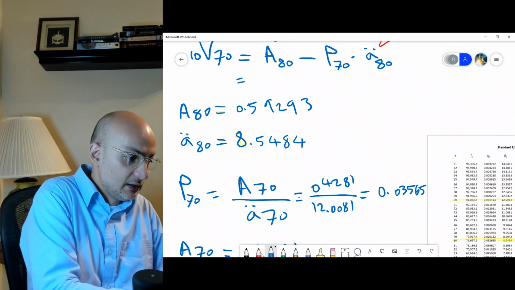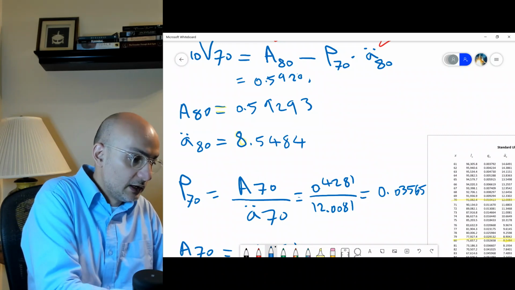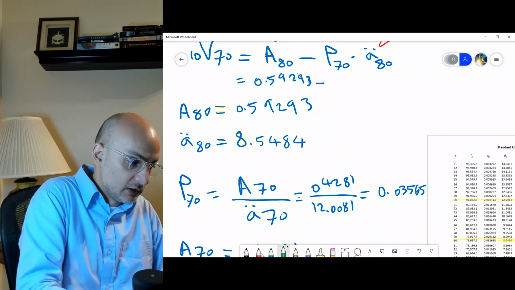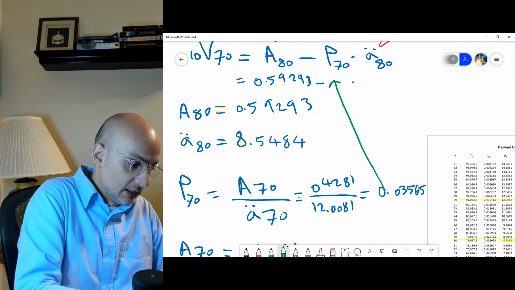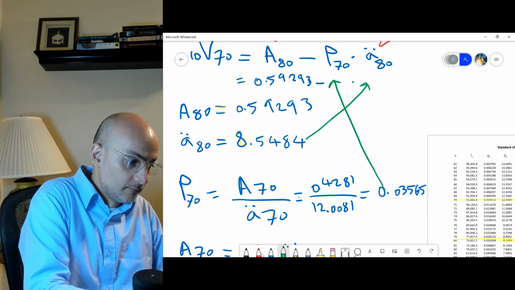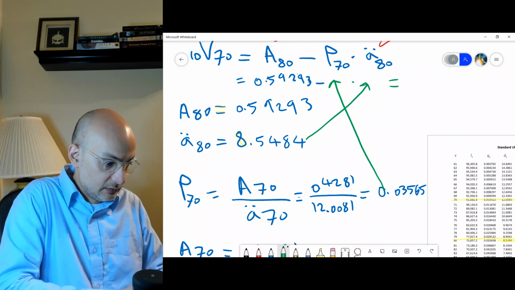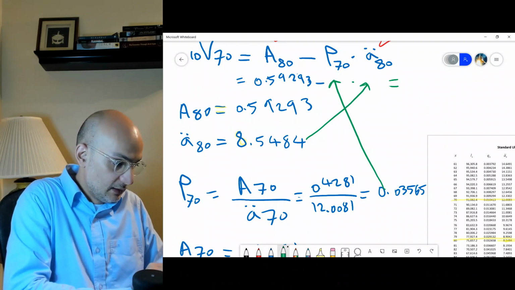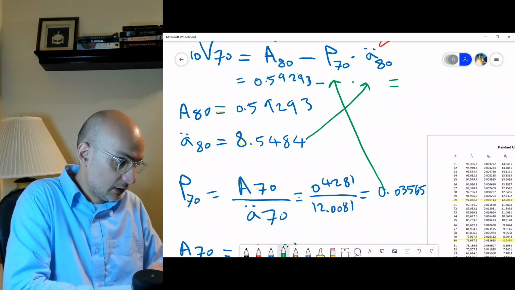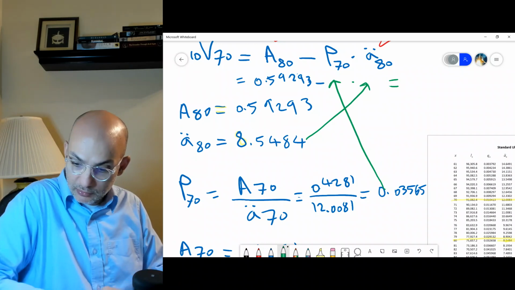So you bring in this 0.59293, multiplied by this here. Let's see what I get. So it's good to keep this number. So this one multiplied by the 80, 8.5484, and now we need to get 0.59293, subtract from it this number, and you can double check what I got here.